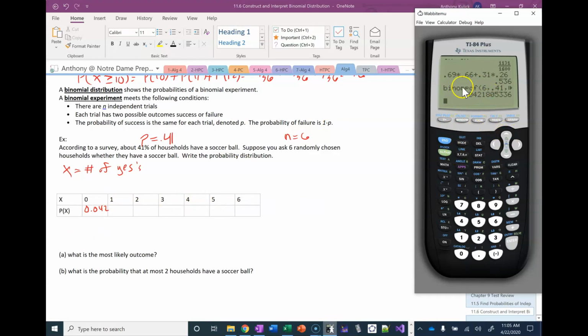But you'll notice instead of going back through all those menus, the calculator pasted this onto my home screen. So I'm just going to use this same command string here. And I'm going to get that by pressing 2nd and enter. And just go back and update this last value. So instead of it being 0, I'm just going to update it to be 1.